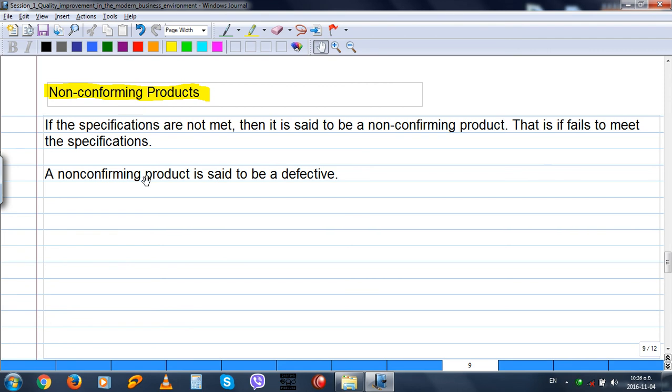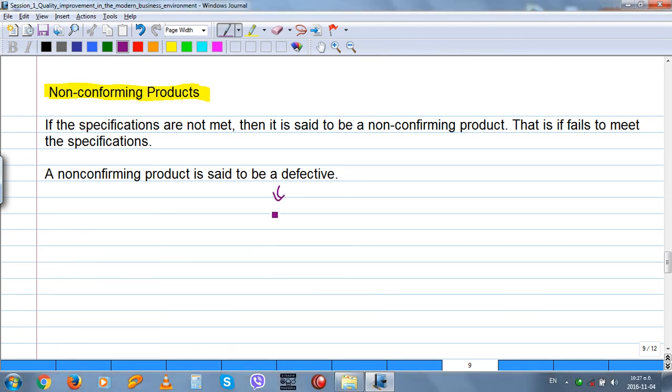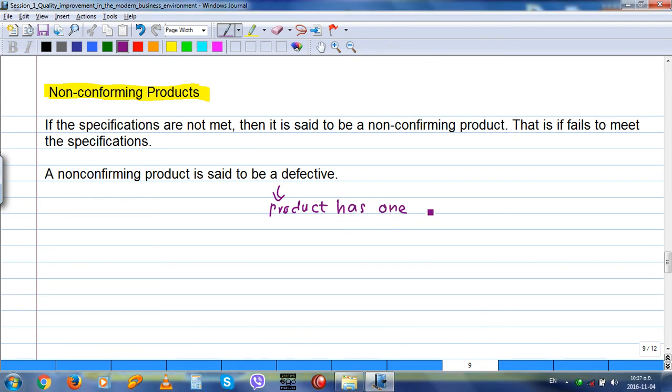A non-conforming product is said to be defective. Defective means the product has one or more defects.